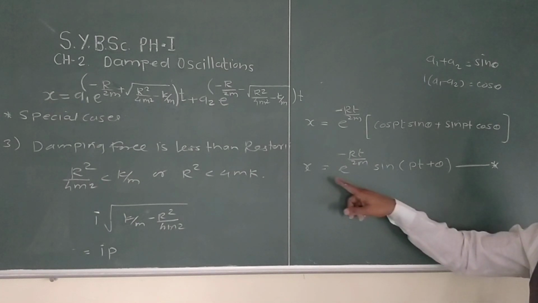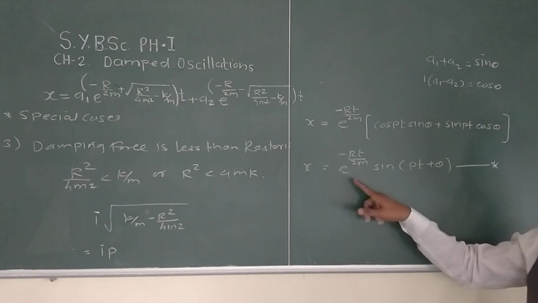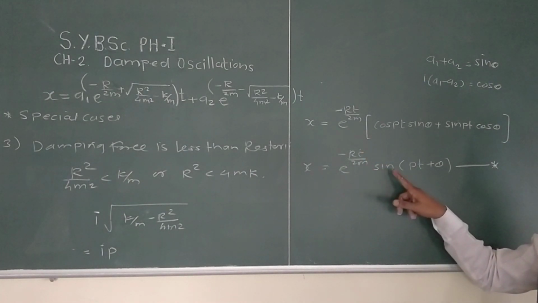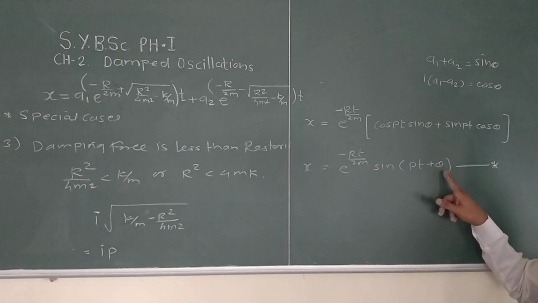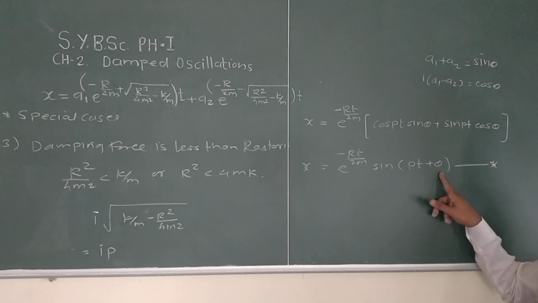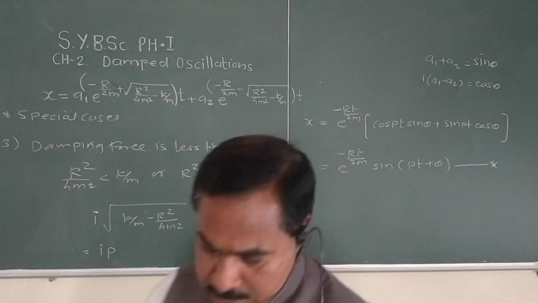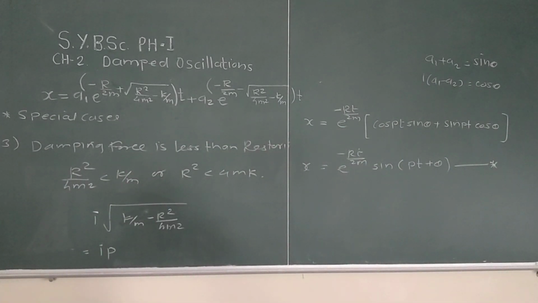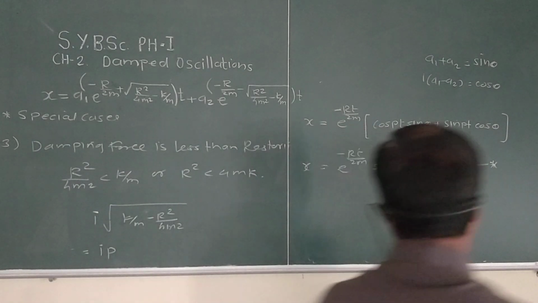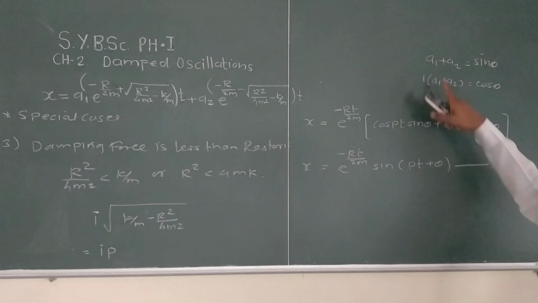So if we consider this equation x equal to e raised to minus rt upon twice m sin of pt plus theta, sorry, one mistake is here.